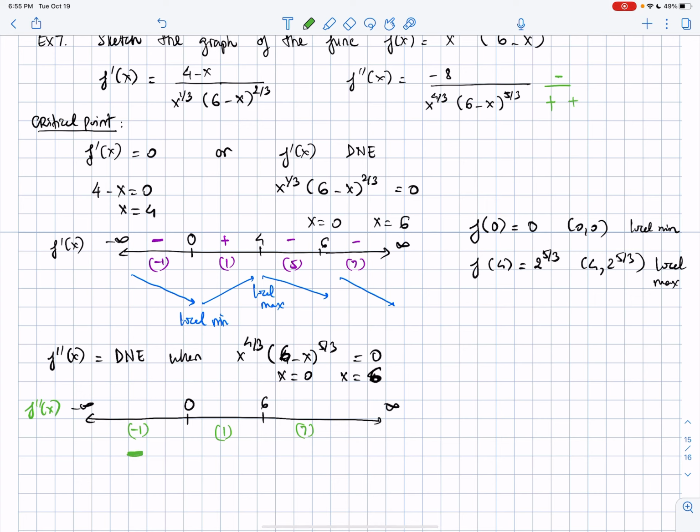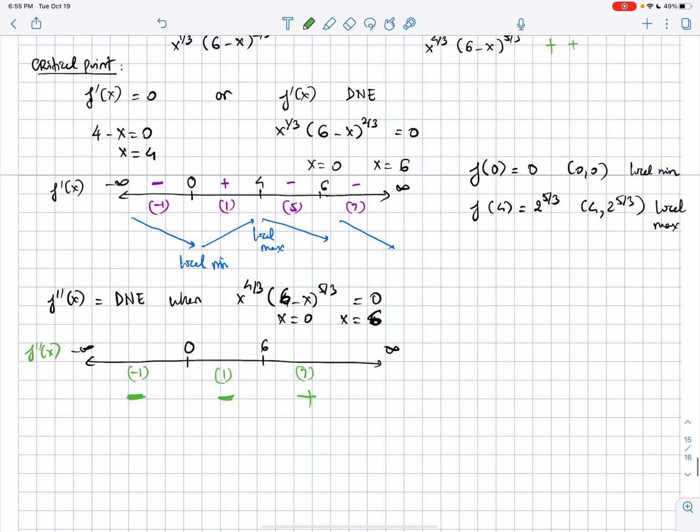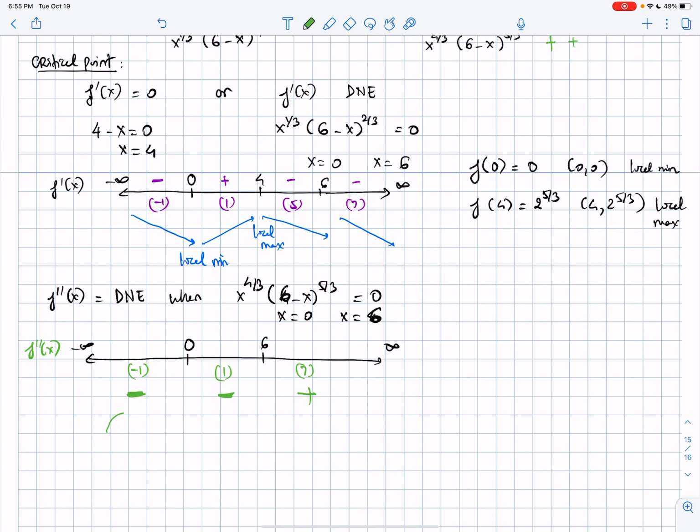Doing the same, you plug in 1, and you get positive in the bottom but negative on top, so still negative. And when you put in 7, you get positive. So it's concave down for negative, concave down for negative, and concave up for positive.